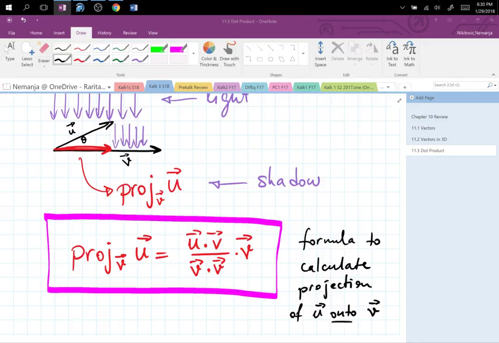Longer u, longer red arrow, longer projection. As you decrease the angle towards vector v, the projection is longer. As you increase the angle towards 90 degrees, it's shorter. So all of these things play a role at the same time.